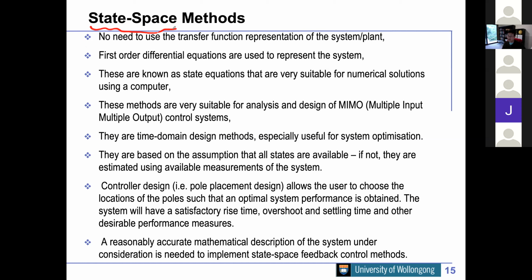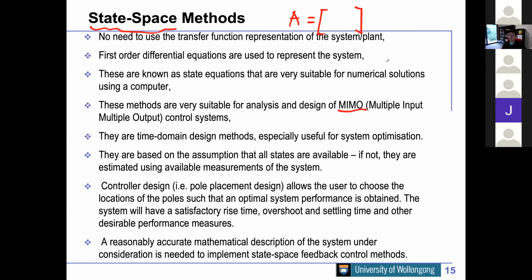Everything is back in time domain, and we can handle multiple inputs and outputs, not limited to just single input and output, and use matrices to describe the complete setup, not just the input and output, but also the internal states of your system completely.